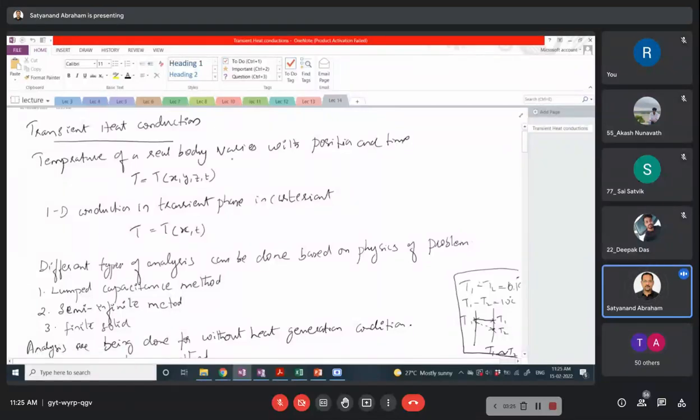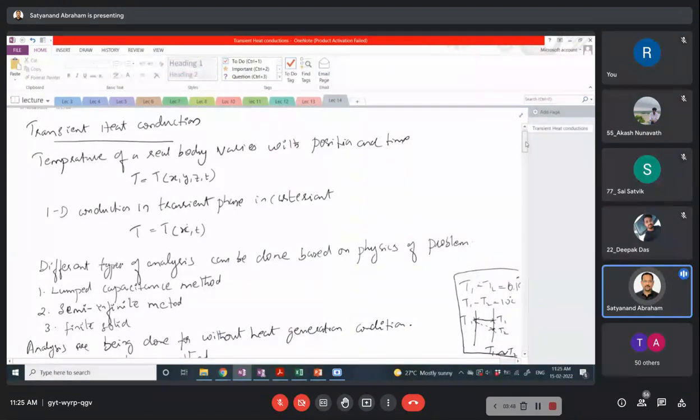Okay. So in a real body, temperature is going to be a function of all the coordinates and time. If you're talking about 1D conduction, then it is going to be a function only of the direction in which temperature varies. In our particular case, it will be x and time t. Okay.